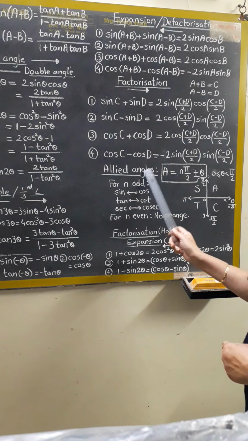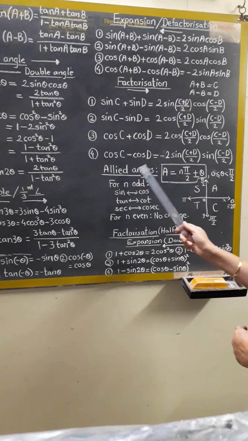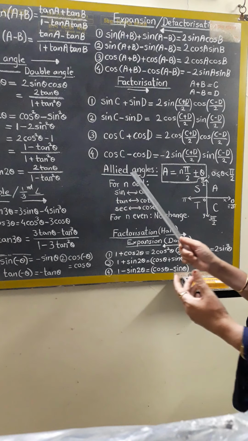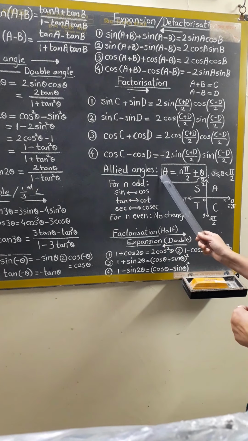Now one more part is left with us. The angles are known as allied angles. What do we mean by allied angles?